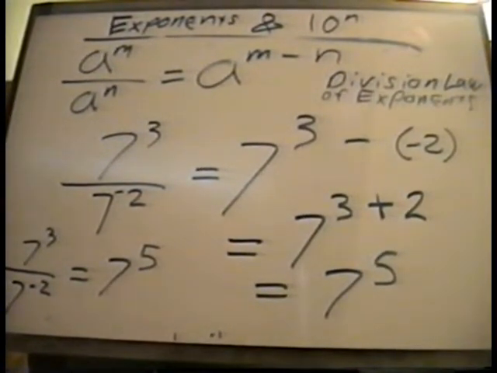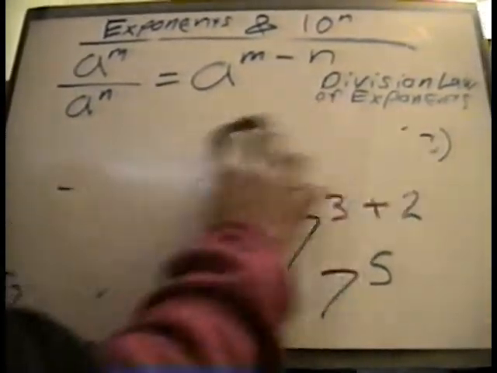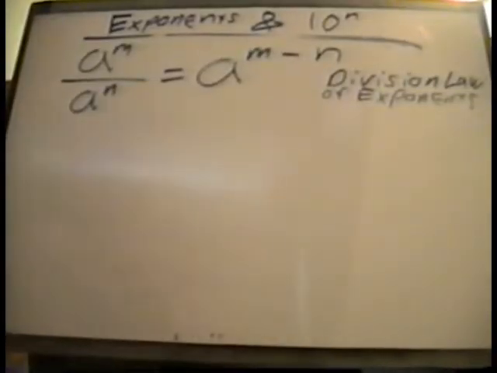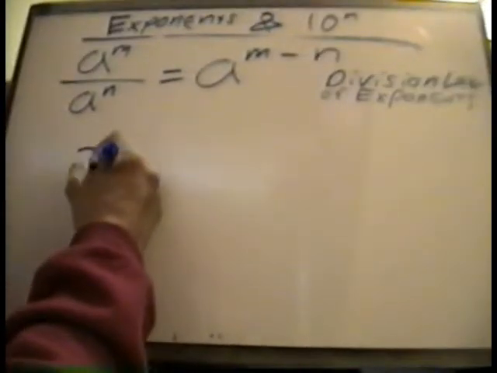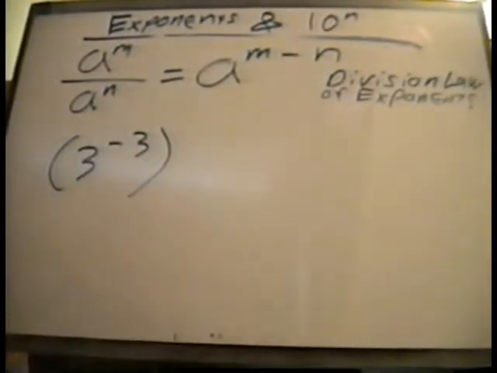Now, if we continue on, I also want to show you 3 to the power of negative 3, to the power of 5. Now, this is applying the power law again.